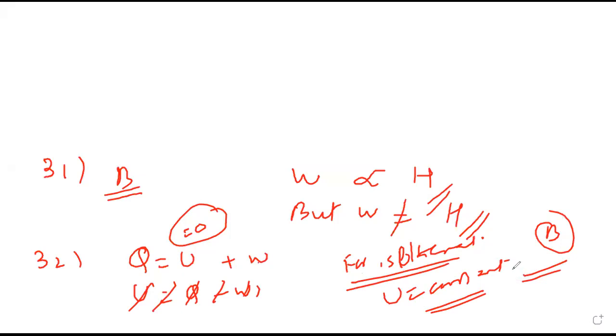Sum number 33. Even a Carnot engine cannot give 100% efficiency because we cannot reach absolute zero. For 100% efficiency, we should get absolute zero temperature. What is the formula for efficiency? T2 by T1? Yes, sir. So we cannot get zero because T2 cannot be absolutely zero.